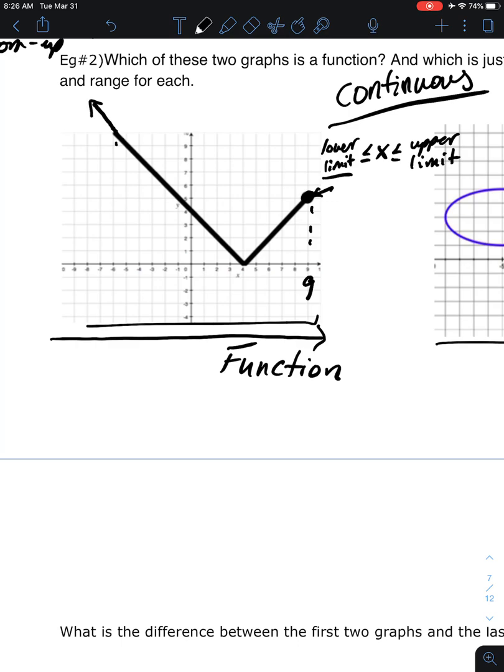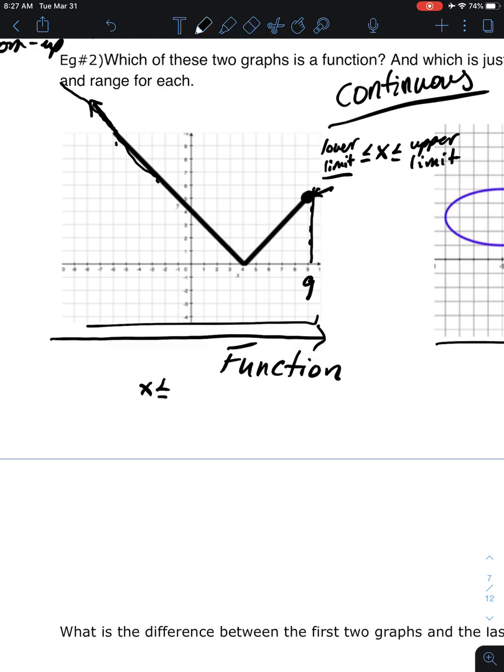So for my domain, I really don't have a lower limit because this keeps going in the negative direction for x. It keeps going along this way, so I don't really have a lower limit for x. So what I do then is get rid of this. That's gone. And now I think about, well, where's my upper limit?